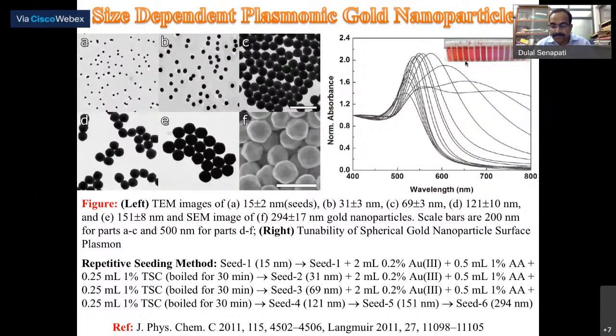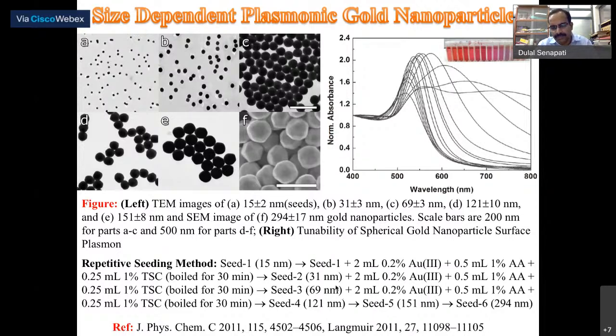Using that seed, the particle will try to grow, giving me a 31 nanometer particle. Again, the 31 nanometer particle we use as the seed, keeping the concentration of gold and TSC constant, and boil it for 30 minutes, finally giving the 69 nanometer particle.